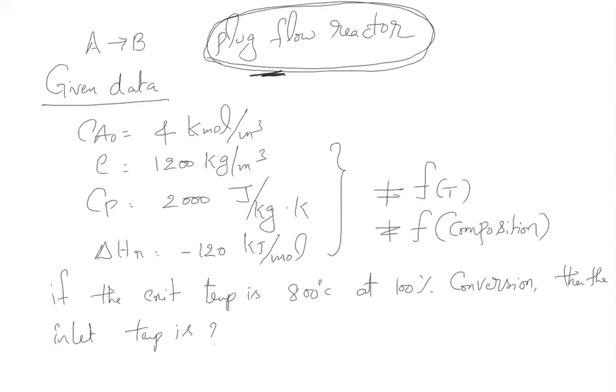Now let's solve the problem. So what is the flow rate given? Since there is no flow rate, I will take as basis, let's say, 1 kg per hour of feed, or 100 kg per hour, no issue.